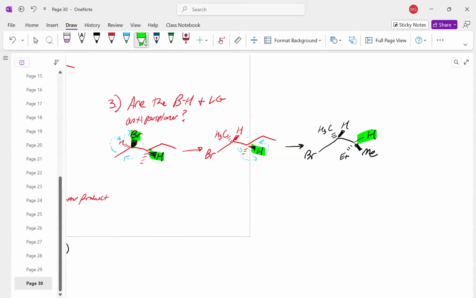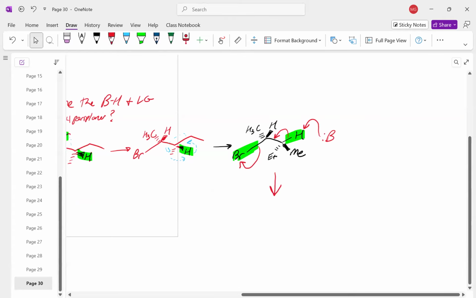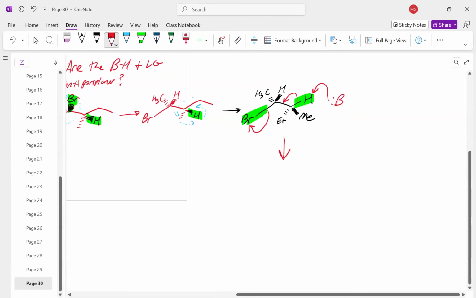Now the hydrogen I want to pull off is anti-periplanar to the bromine. It's going in the opposite direction. So I can take my base now, pull off the hydrogen, form the pi bond, kick off the leaving group. Now, what do my groups around the carbon-carbon double bond look like?